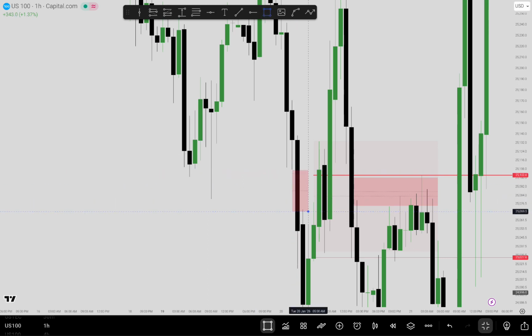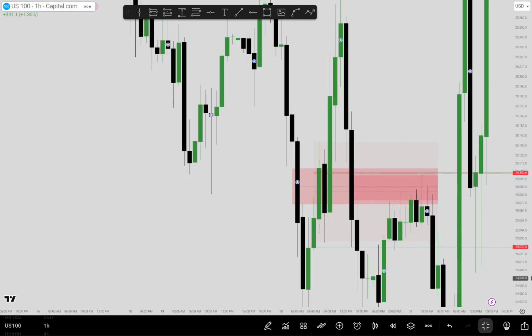This was the one price used, because price traded above it, came down below it, and then came back into it. So this was the inversion fair value gap that I used inside the breaker, and we have another CB, a fair value gap here, and that was what led to the sell.